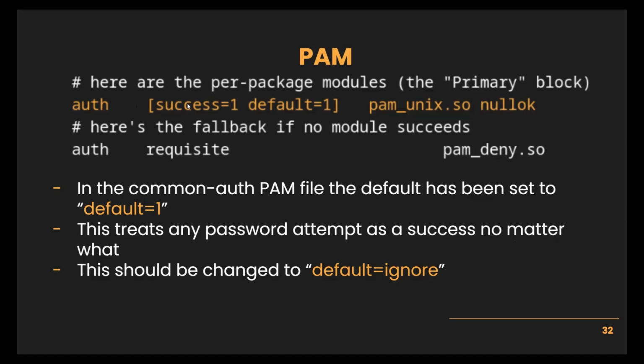So because this line here will always succeed, it will always ignore this line. And you see this line basically is denying the user if they get the authentication wrong. But because this is always gonna succeed, then this line underneath it will always be ignored. Okay.